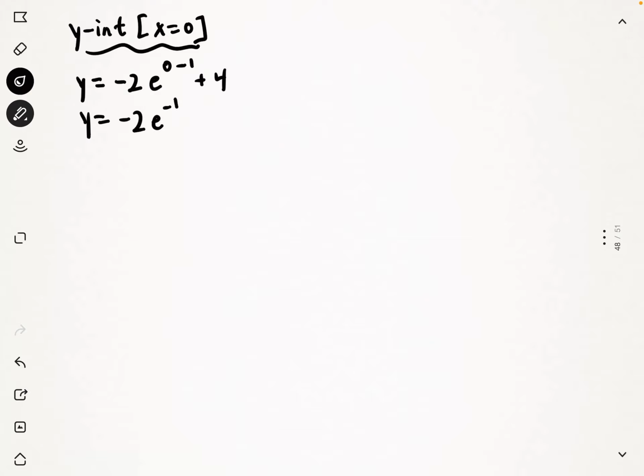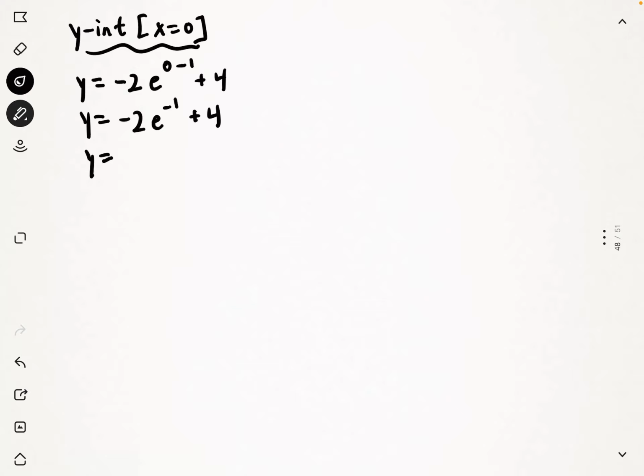We can get a y-intercept by plugging in 0 for x. This is maybe not as painful as the x-intercept. We'll see. So let's plug in 0 for x, and you're going to wind up with something like this, e to the negative 1. And you could put all of this in your calculator. Your calculator can do e to the negative 1 for you, and then times it by negative 2, and then add on a 4.